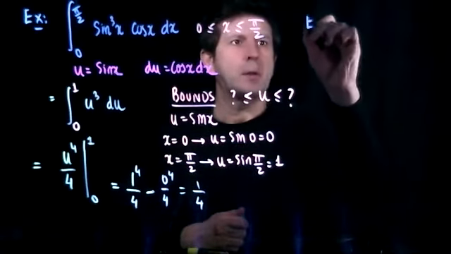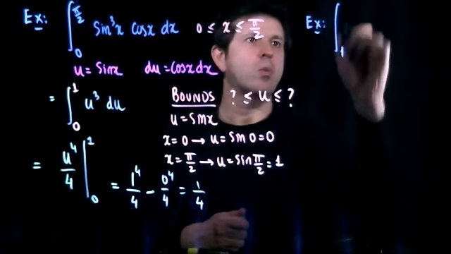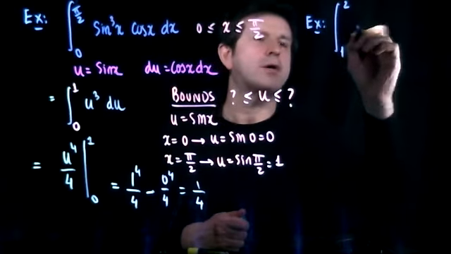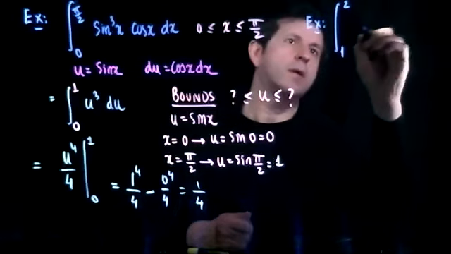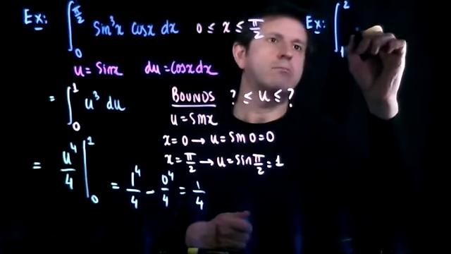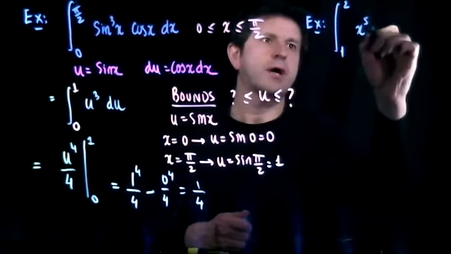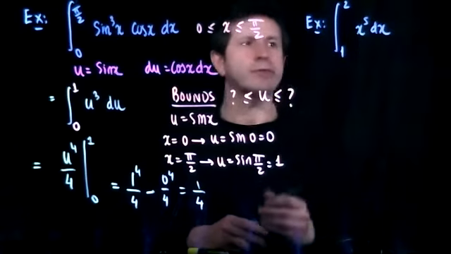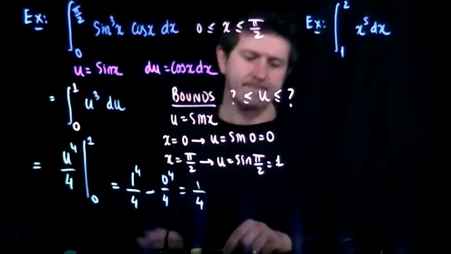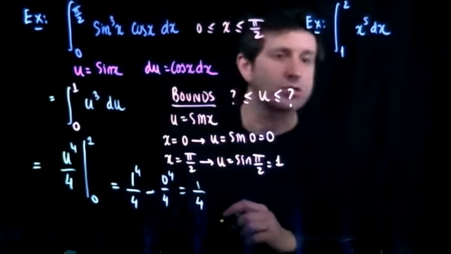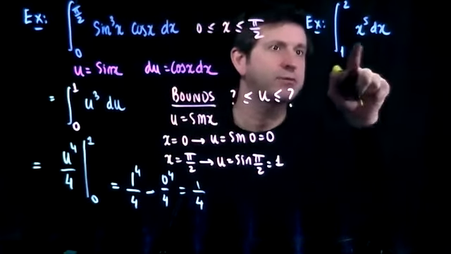Another example here. So the integral, let's say from 1 to 2 of, I don't know, x to the fifth dx. Okay, it's a very, very easy one. No substitution to do, nothing. Direct antiderivative, which is what?